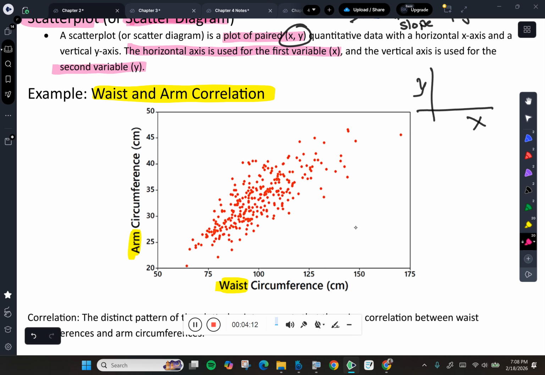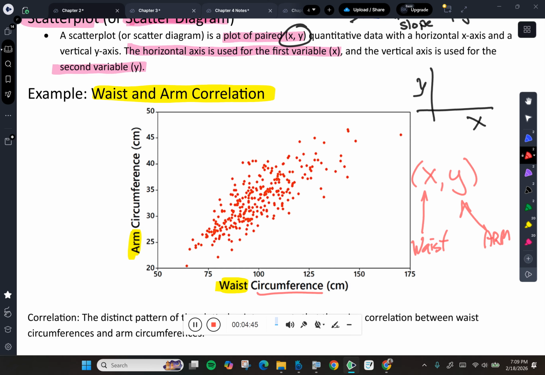And then every point in this graph, like that guy or that guy or that guy, these all represent some person's waist and arm circumferences. So all of those data points, all of those x, comma, y's that are plotted over there, that's going to be the waist. And that's going to be the arm circumference. Remember, circumference is the measurement all the way around.